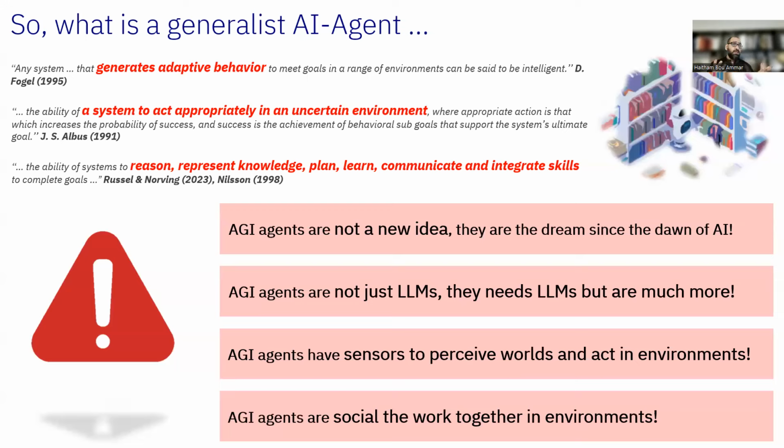So the concept of AGI agents is relatively old. It's not just a large language model, it's more than that. It also has to support multi-agent behavior where the other agent could be a human, or could also be another AGI agent itself.